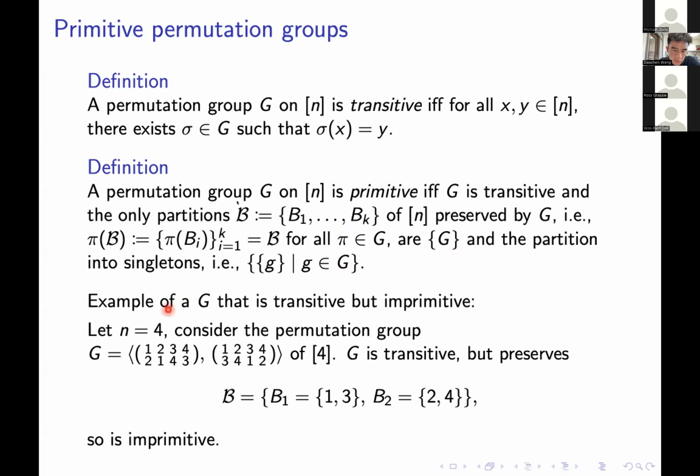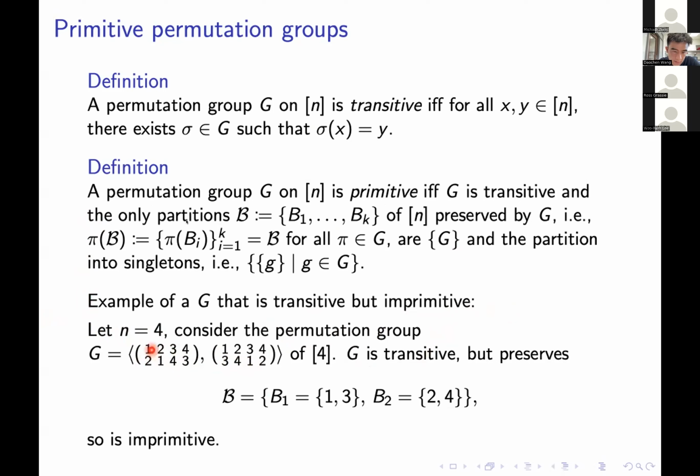Here's an example of a G that is transitive but imprimitive, so that we can see the definition is non-trivial. Let n equal 4, and consider the permutation group generated by these two permutations. The first permutation swaps 1 and 2 and 3 and 4. The second permutation swaps 1 and 3 and 2 and 4. Now G is transitive.